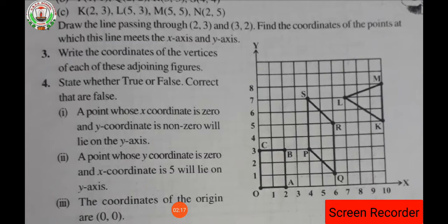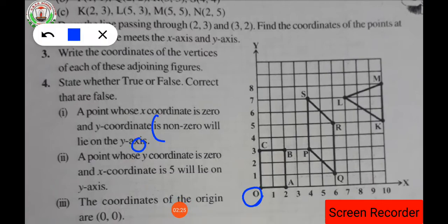Clear everyone? So suppose we are having the first point O. O is the origin, so the coordinates of O are (0, 0). Now this one is the x-axis, this one is the y-axis. For A the coordinates are (2, 0).